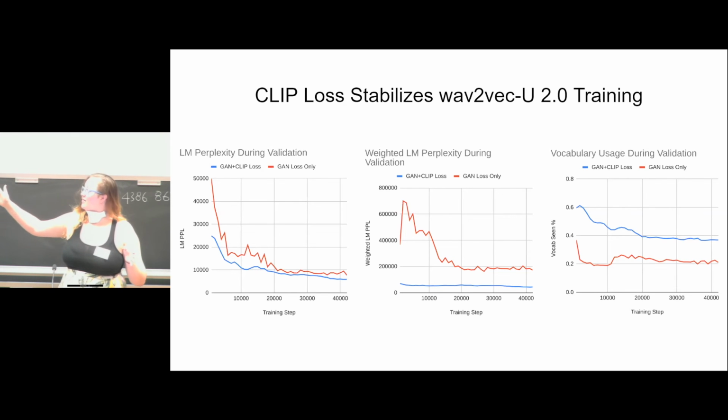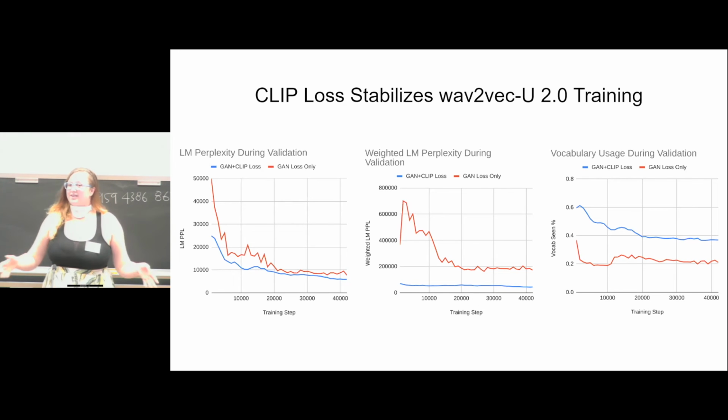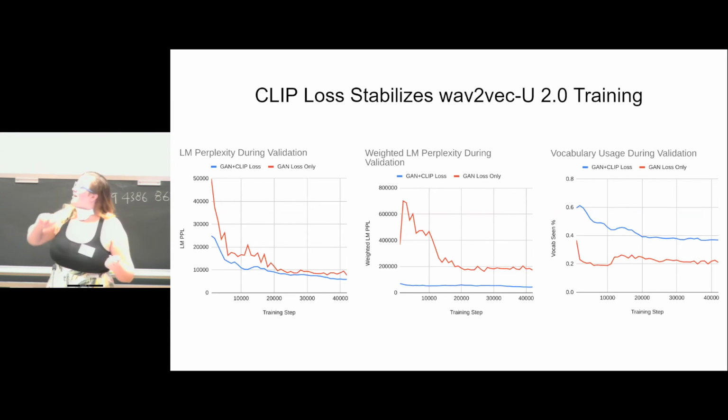And in fact, when we look at the weighted LM perplexity, which is empirically what we found and what other team members have found to be the most useful for predicting the quality of the final models, the difference in stability is so great that the line for GAN and CLIP loss looks nearly flat, right? Because there's so much range we need to have to capture the instability of the training curve with the GAN loss only.